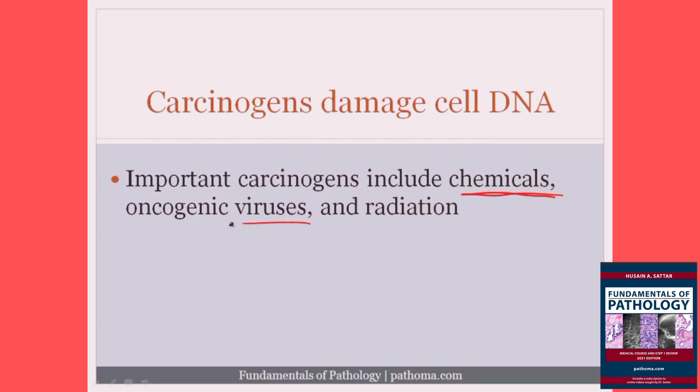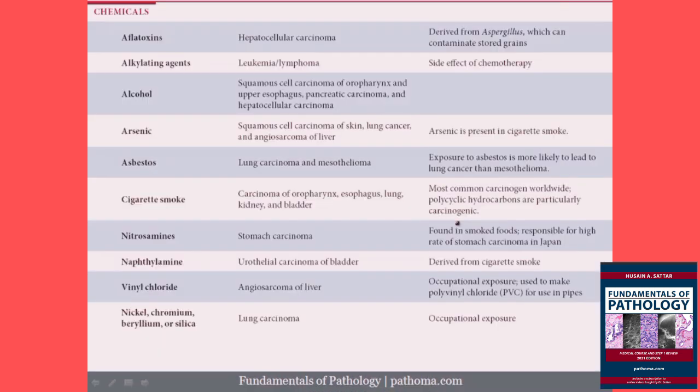There are a subset of oncogenic viruses that can induce DNA damage resulting in cancer formation. And radiation also has the ability to induce DNA damage, which would then subsequently result in the formation of a cancer.